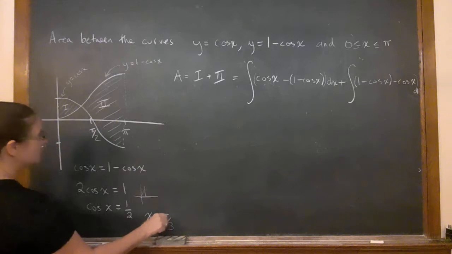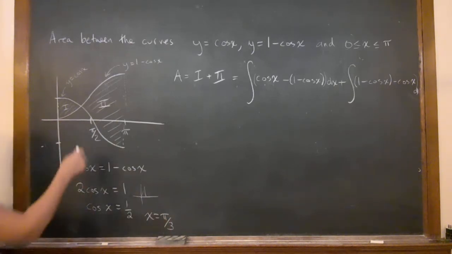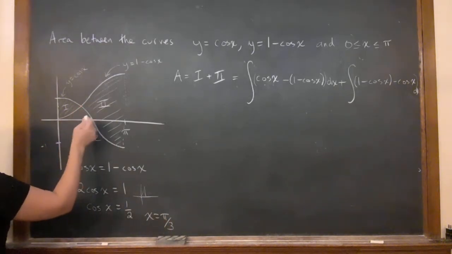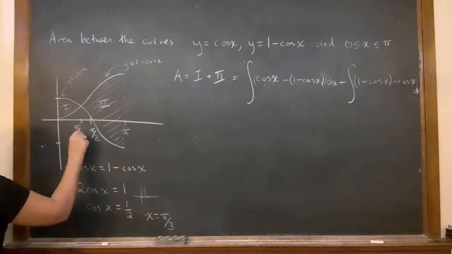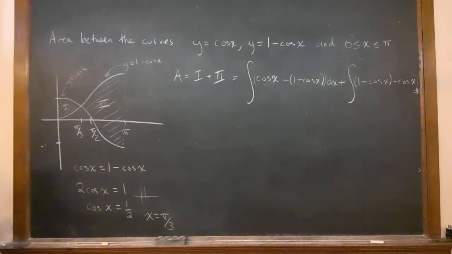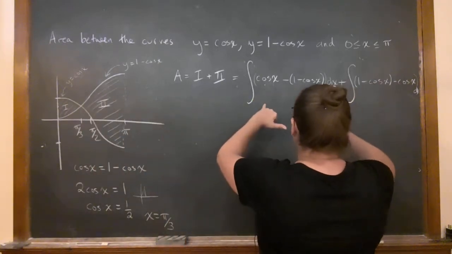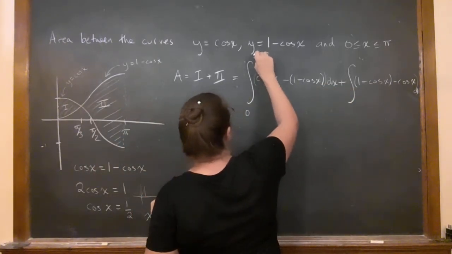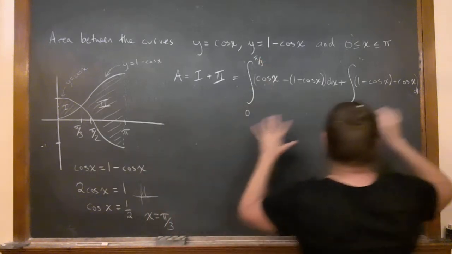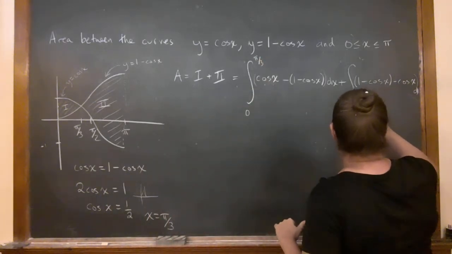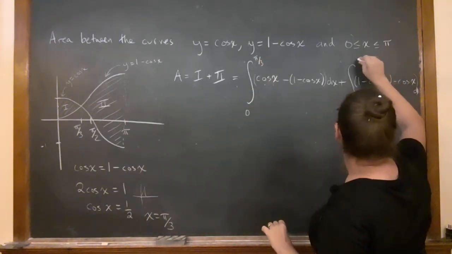And of course, I'm only interested in the intersection point between 0 and pi, so I don't care about any of the other ones. Right? And actually that makes sense. Graphically, that looks about right. So my first integral is from 0 to pi over 3. And then my second region now is pi over 3 to pi.